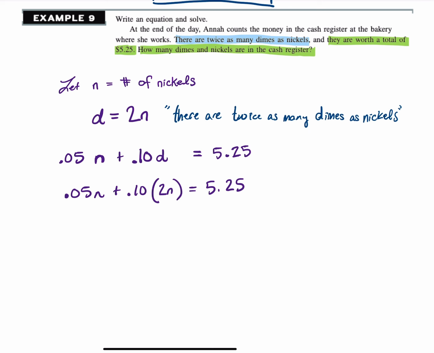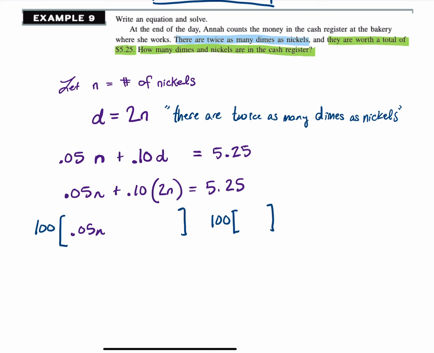Now we have an equation just in one variable that we can solve. So let's solve this like we've done previously. But let's get rid of these decimals. There's 2 decimal places, that's the largest number we have. So if we multiply both sides by 100, we should clear out the decimals.